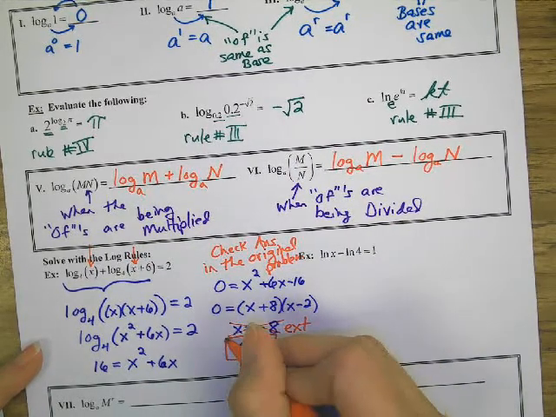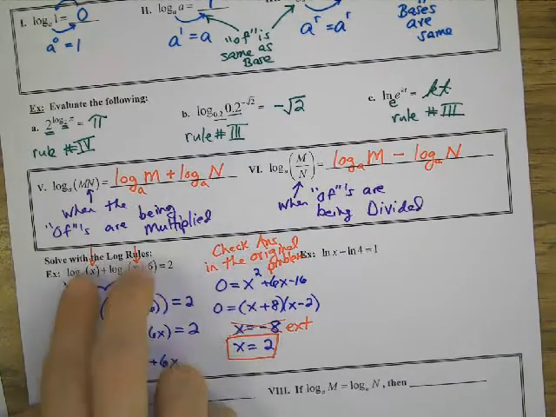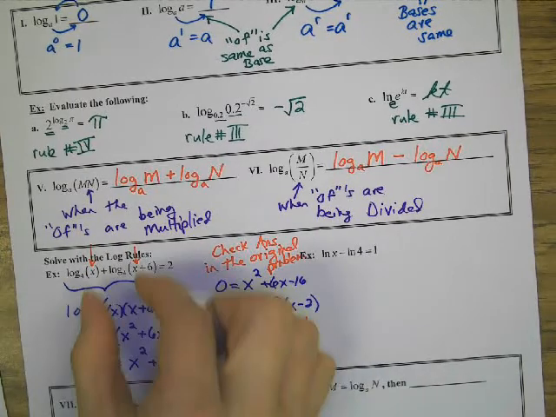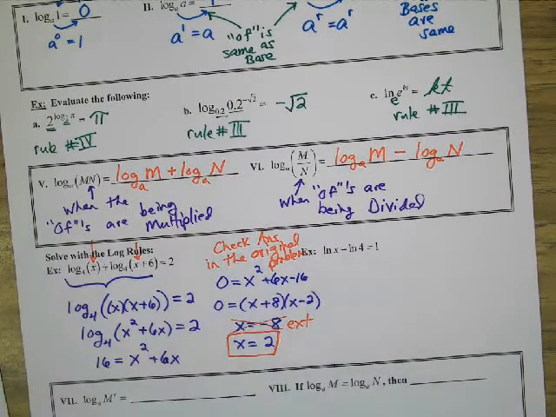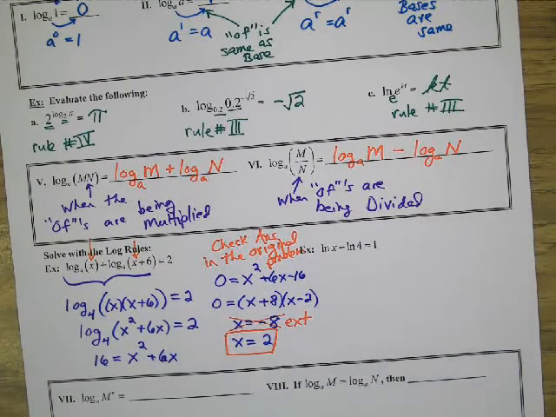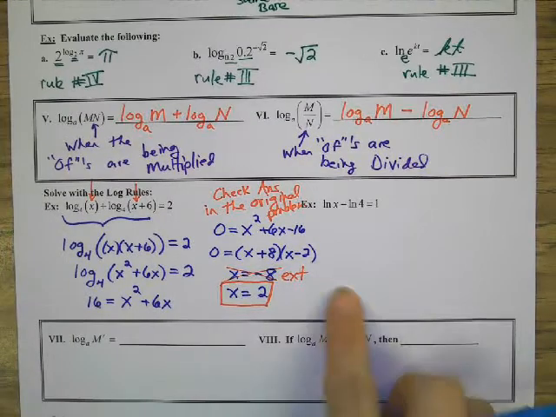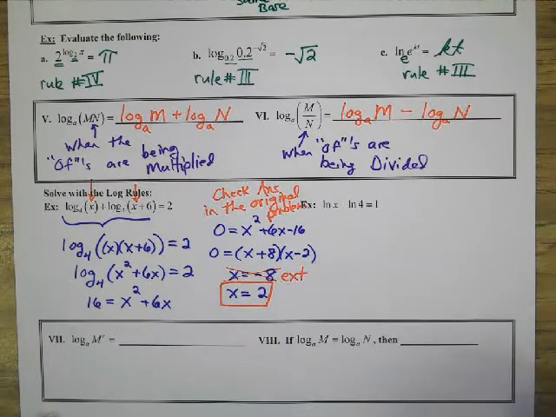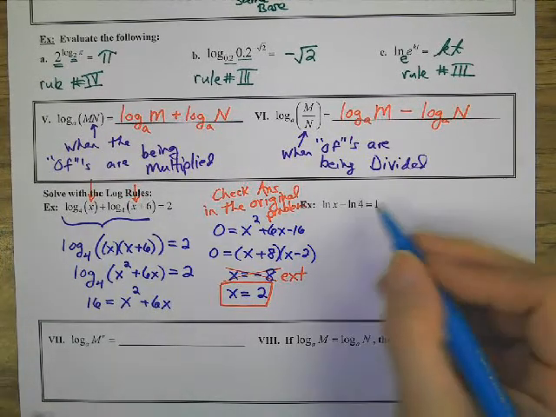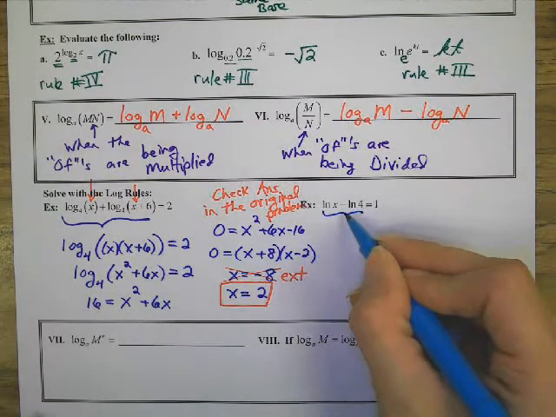Can you take 2 logs and combine it into 1 log? And the answer is yes. 2 logs that are natural combine into 1 natural log. And what do you do to the ofs? When it's being subtracted, we're going to divide them. X divided by 4. Okay, let's go ahead and solve this.